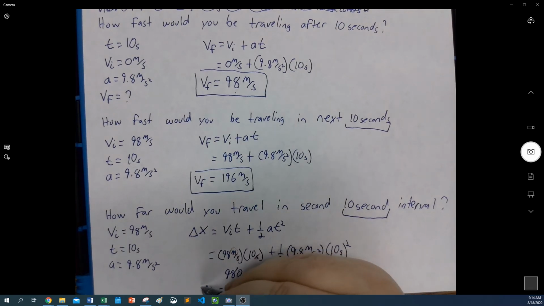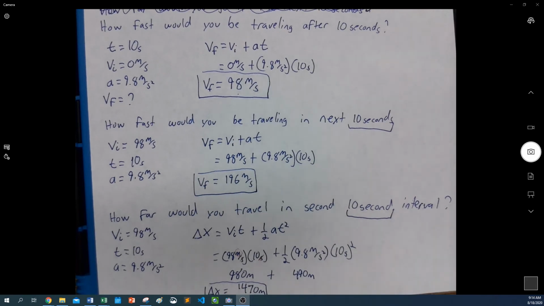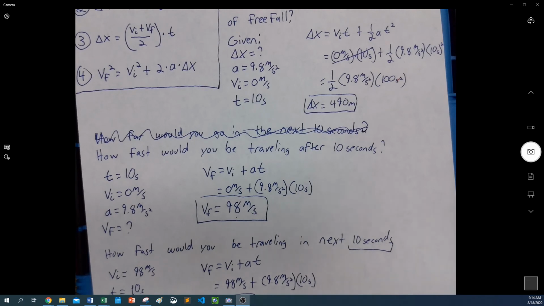That is the total distance you would travel in the second interval. If you want to figure out your total distance, this is 10 seconds, so you travel for 20 seconds. You can add this number and your previous number together, and that tells you how much distance you would travel in 20 seconds. So, yeah, 1960. So almost 2,000 meters for traveling in 20 seconds free fall.